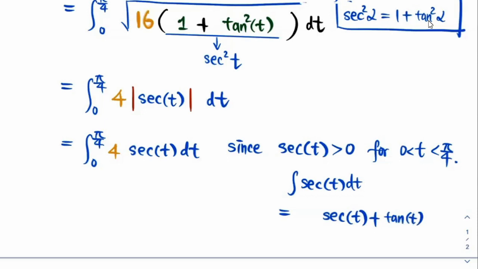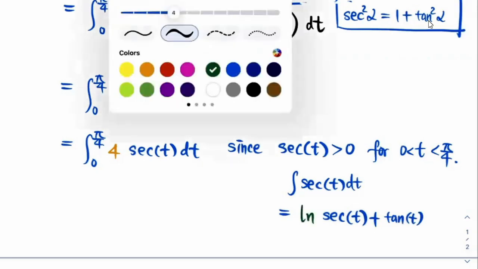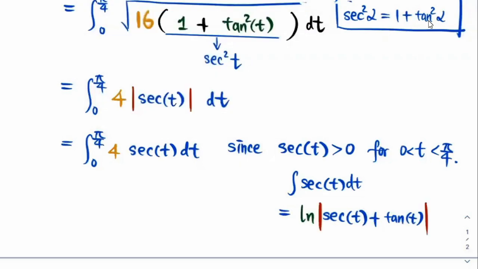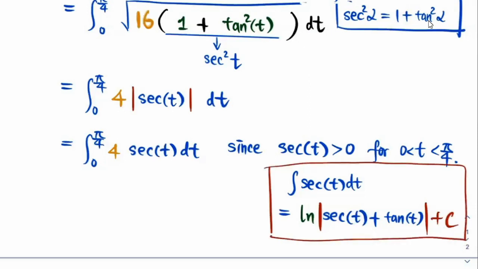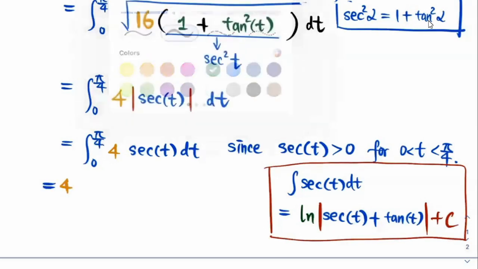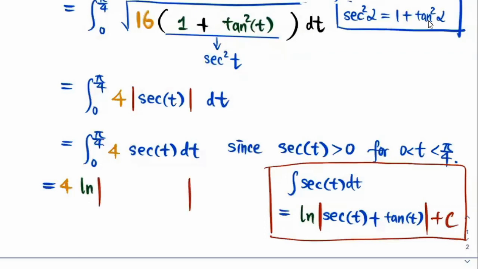However, it is the ln of it. Ln of the absolute value of the sum of these two plus c. So this is the formula for the antiderivative of secant of t. So we have 4, and then ln of the absolute value of secant t plus tangent t, and then t goes from 0 to pi over 4.